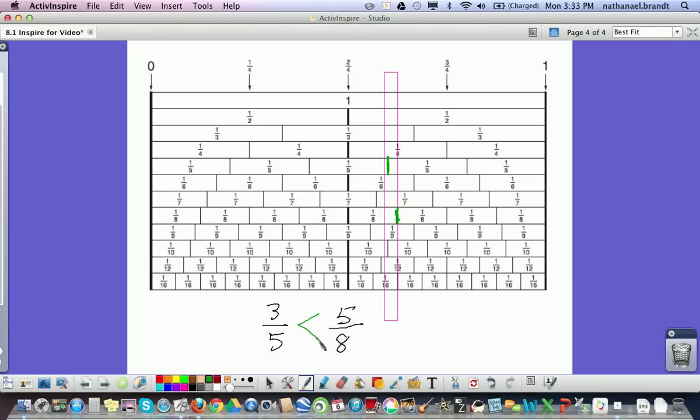So 5/6 would be smaller than 6/7, and 7/8 would be smaller than 8/9. The denominator is bigger, which means the fraction pieces are smaller, which shows us that it's a closer distance from being the whole amount.